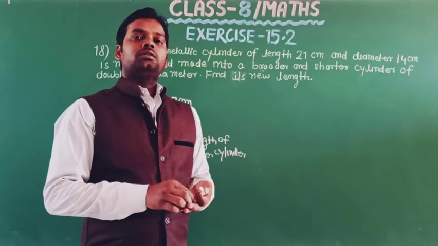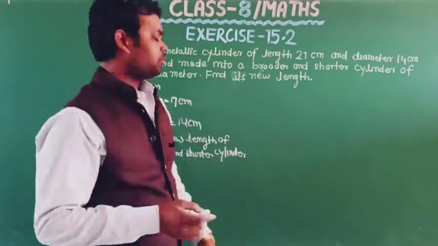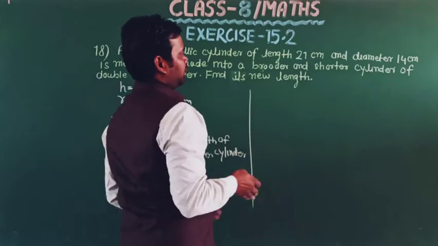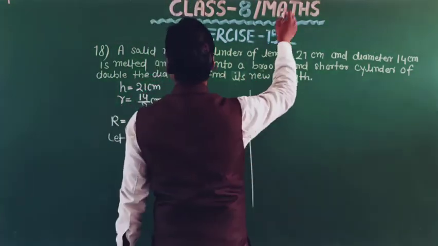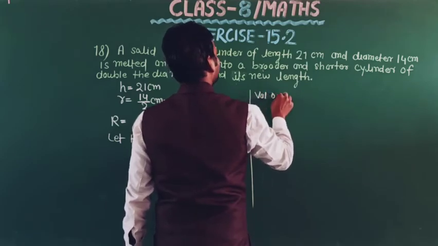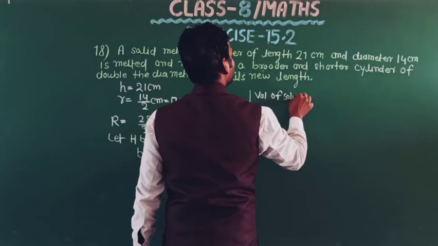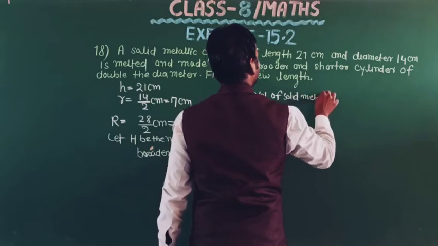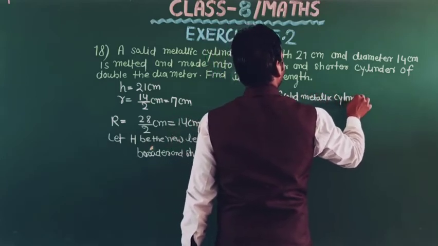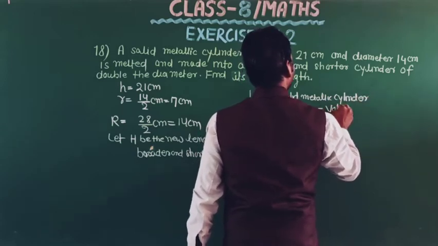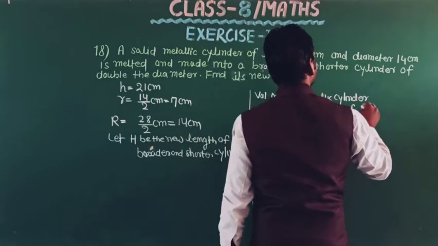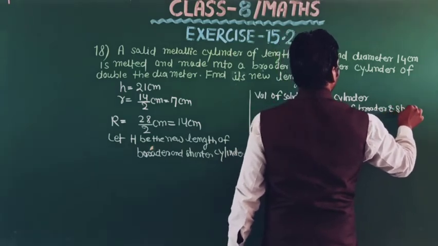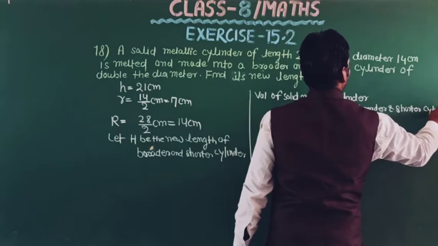This means the volume of both the figures will be the same. So we write: volume of the solid metallic cylinder is equal to the volume of the broader and shorter cylinder.